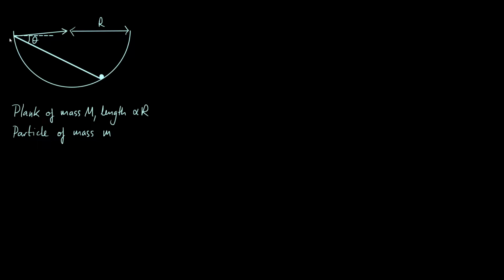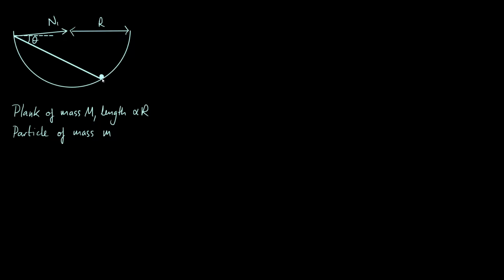So if this arrow has to point normally to the surface of the hemisphere, that means it's normal to the tangent of the hemisphere at that point, and therefore it must be a radius because the angle between a tangent and a radius is 90 degrees. So here we go. That's why this arrow points exactly along this radius. I'm going to call that force N1. So that's a normal reaction force N1.